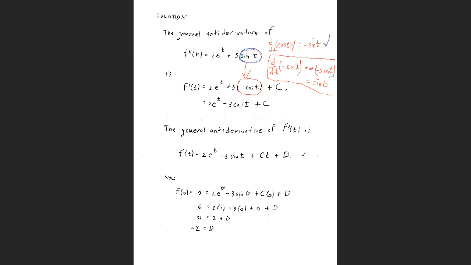So the derivative of negative cosine of t, the negative 1 can be brought out in front of the derivative. So that's going to be negative 1 times negative sine of t, which gives you a positive sine of t. Hence, the antiderivative of the sine of t is negative cosine of t.